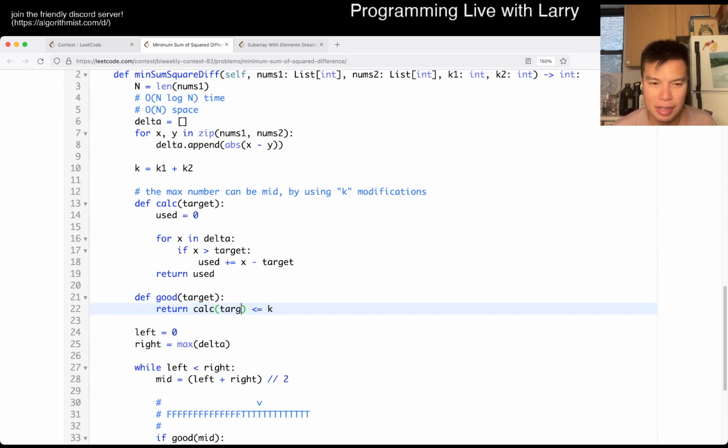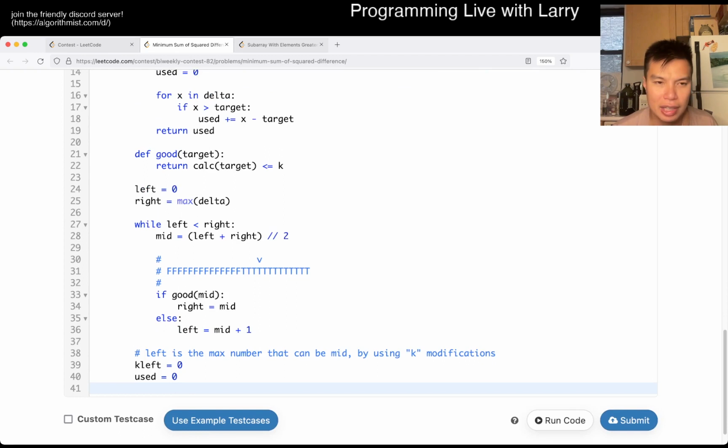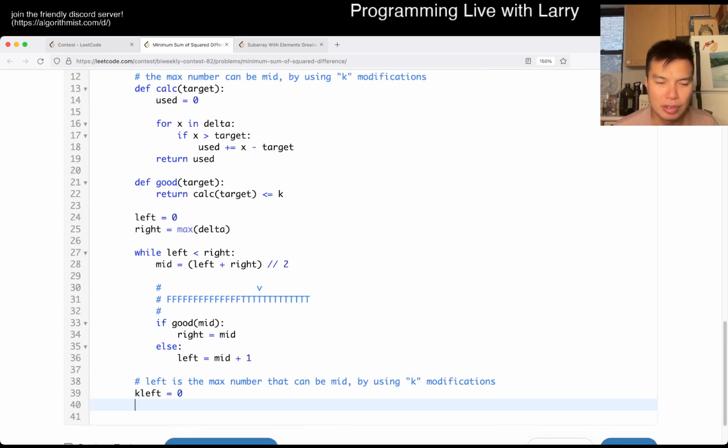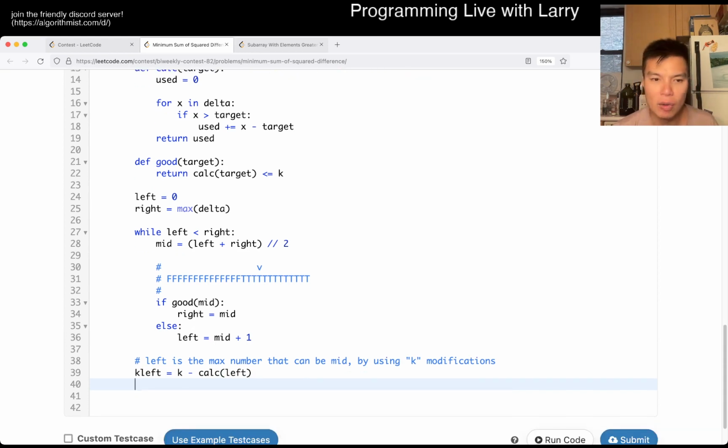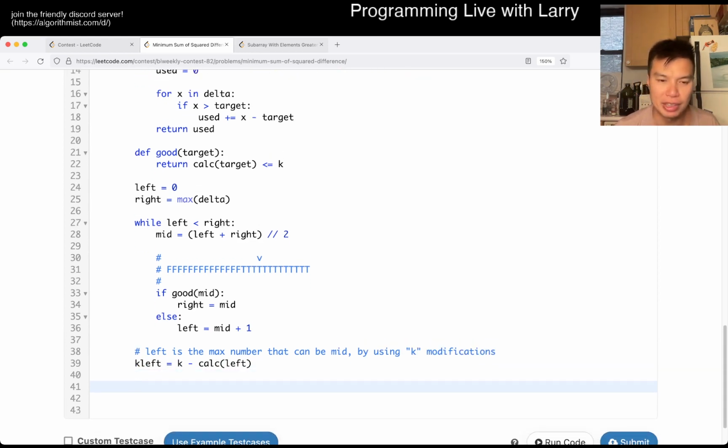Left is the max number, so we calculate the number of things that we used, and k left is k minus this. So now we can do one more iteration to get the answer, right?